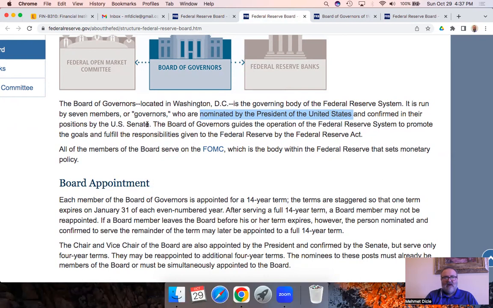They cannot be fired, and if they leave the bank before that 14-year term, somebody can be nominated and confirmed to fill out the remainder of that 14 years. And once you finish out 14 years, you cannot be appointed again.